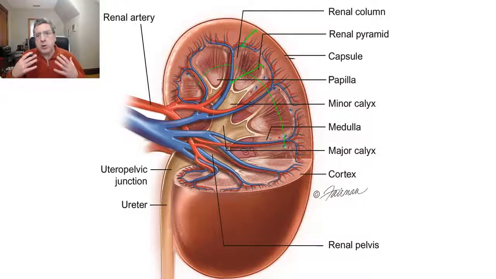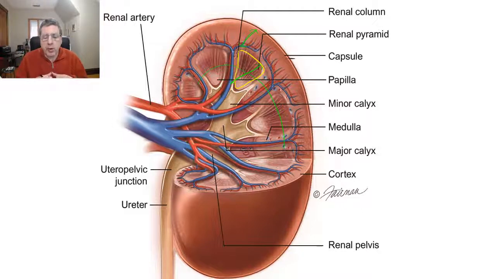Now the renal medulla has separate structures contained within it. Let me do yellow, that might work. So this is the renal pyramids, okay?